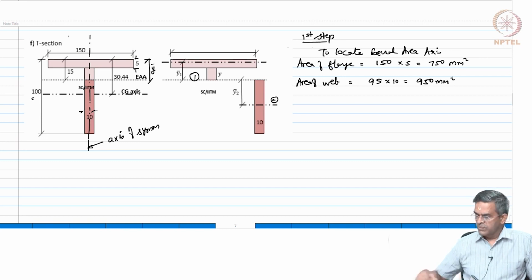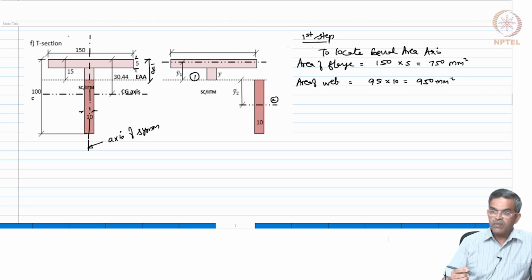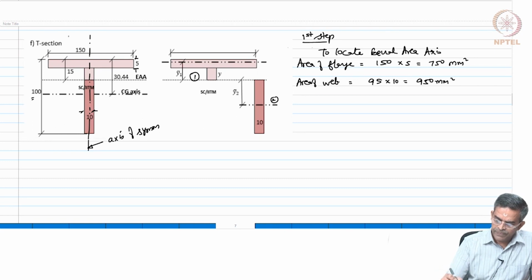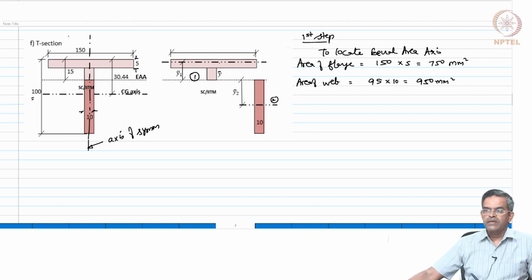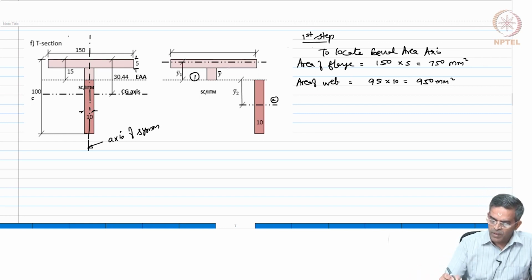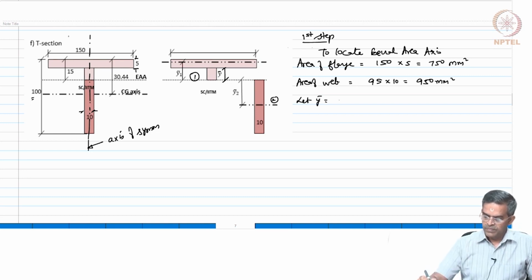So, we have to find out this distance y bar now. Let us mark y bar here, from the flange web junction. Let us say this is my y bar. So, let y bar be measured from the intersection of flange and web.